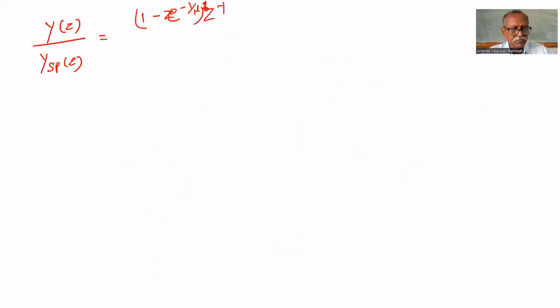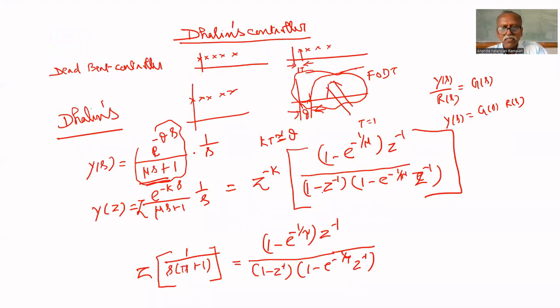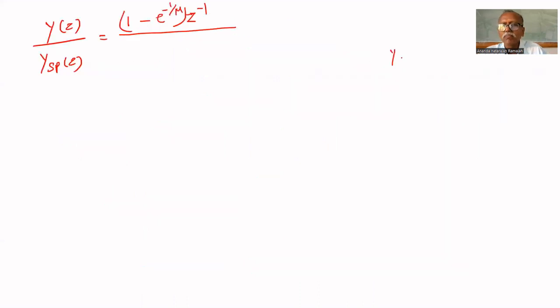Therefore, Y of z upon Y set point of z equal to this expression. The 1 by 1 minus z power minus 1 gets cancelled because Y set point of z equals 1 by 1 minus z power minus 1.